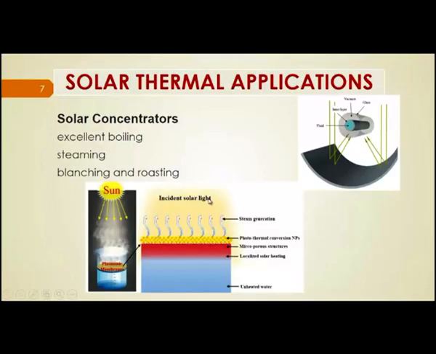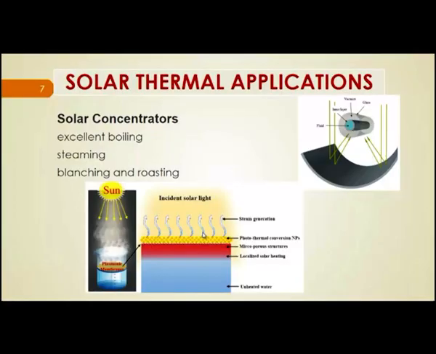This is another type of solar concentrator. Here the incident solar light generates steam, and we can have different layers of materials, so that the steam can be used for the cooking process. These are other types of solar thermal applications.